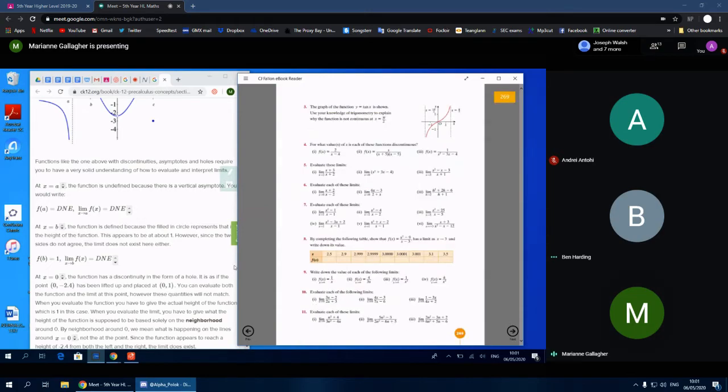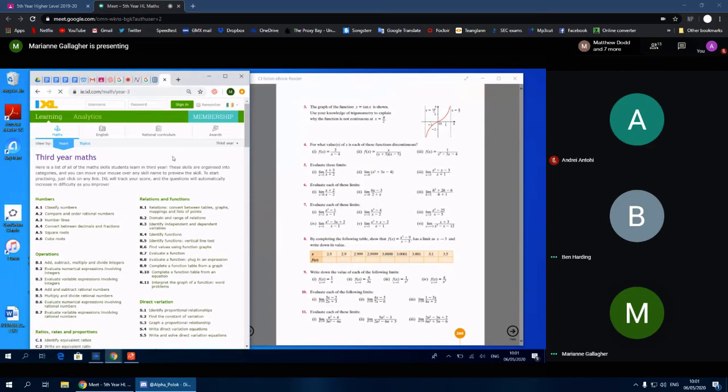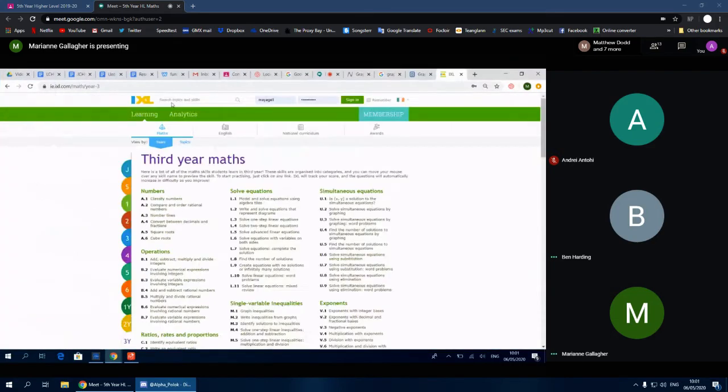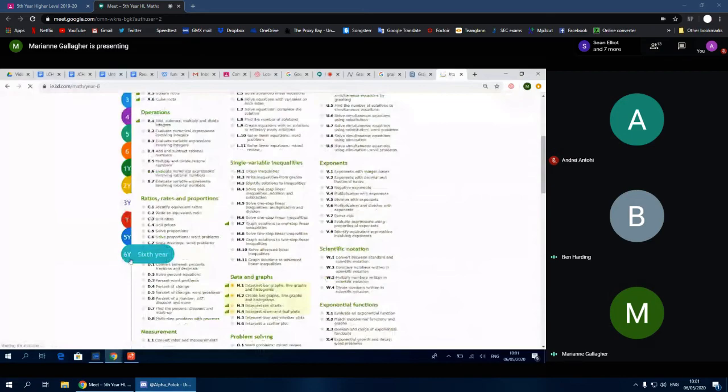So what I want to do is some work on this, and I think the IXL stuff would be good for this as well. So I'm just going to go into that and assign you a couple of skills.